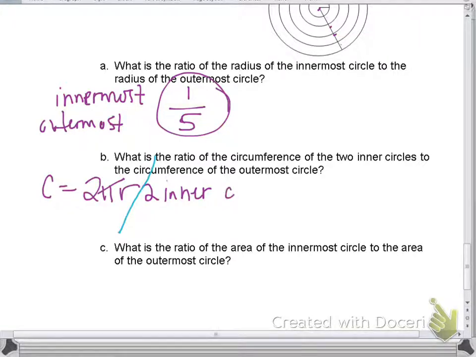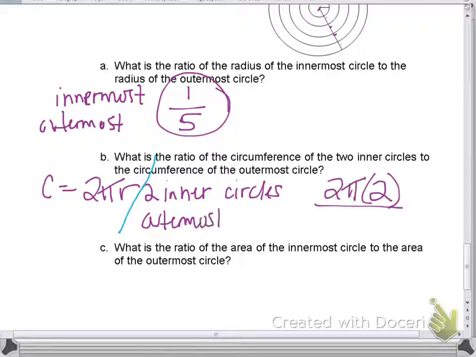The two inner circles would be 2 times pi times 2, because if we put 2 of these radiuses together, it would be 2. And then the outermost, I'm going to go over 15 minutes here, so you'll have to be watching this on YouTube, would be 2 times pi, and then the radius would be 5, because the outermost is 5 circles deep.